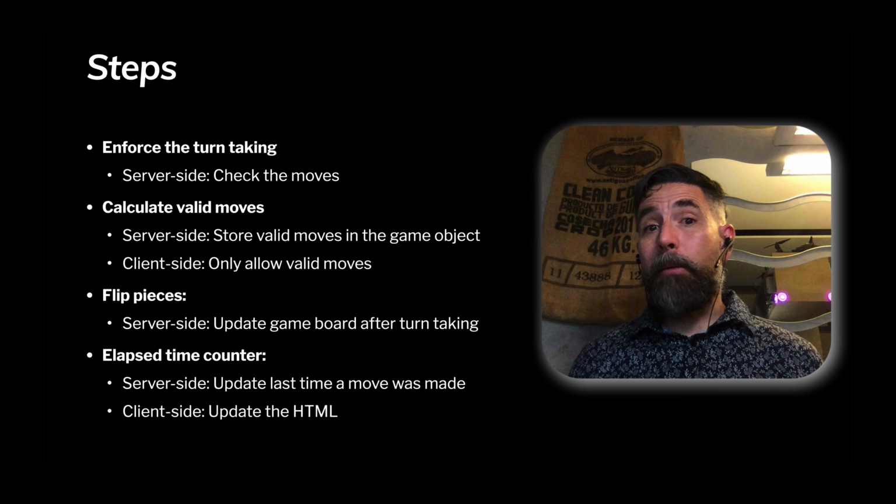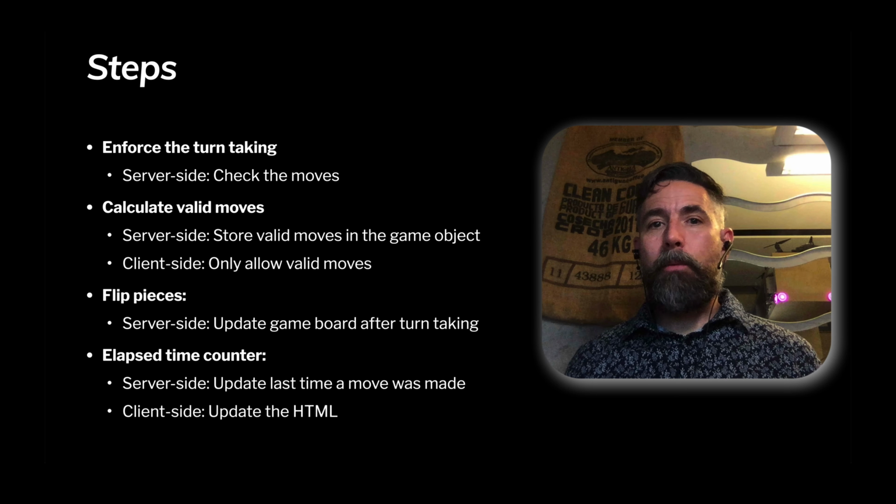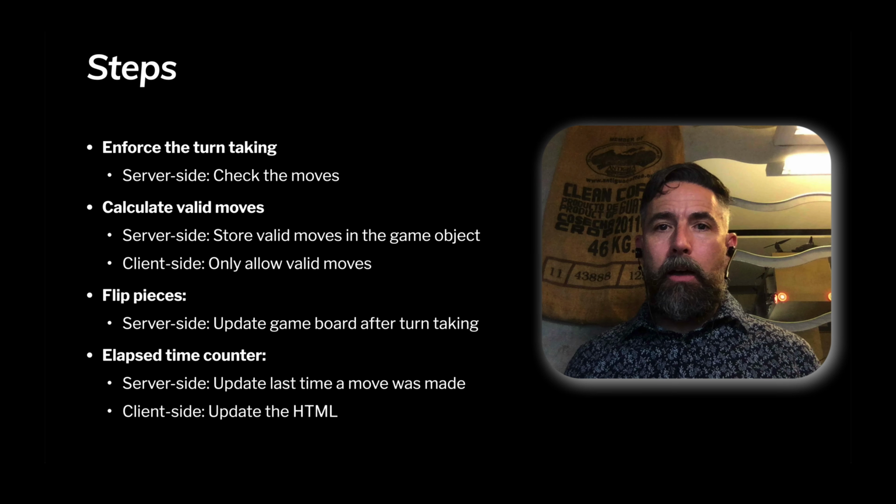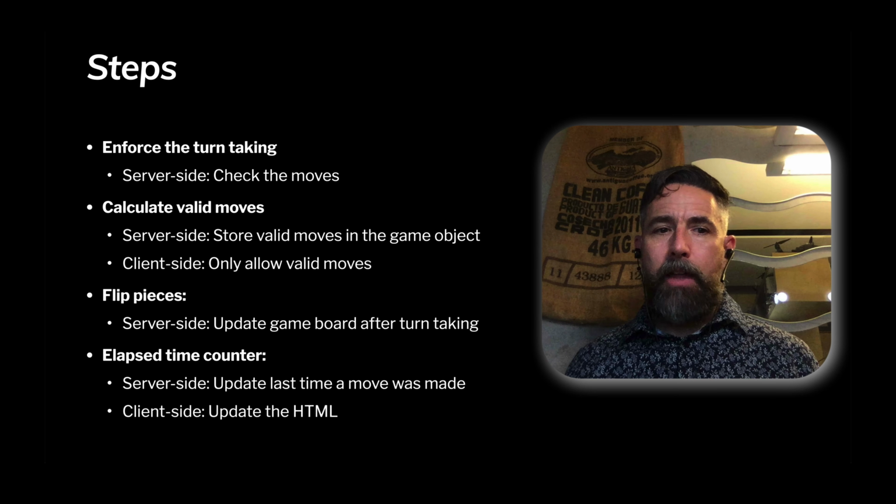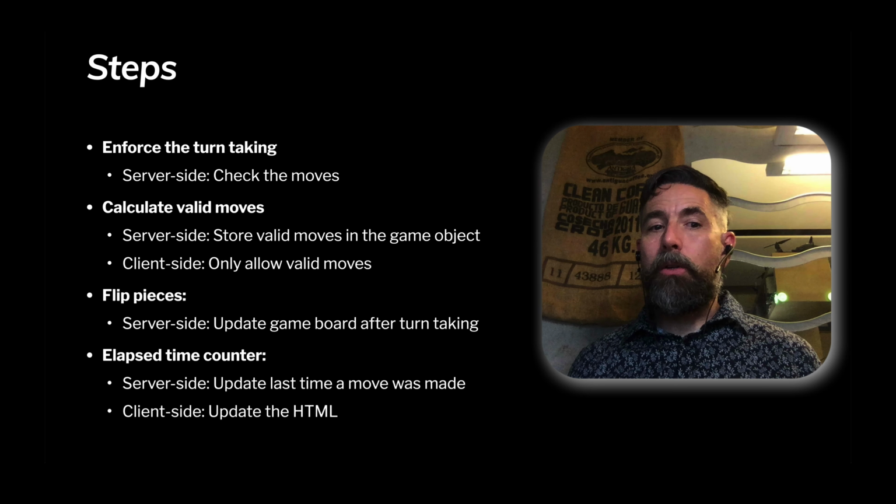And the player that's assigned black is the player that's making the moves for black. We want both the server to enforce that information, and we're also going to add just a little bit of HTML so that the players know whose turn it is. That's the first one.